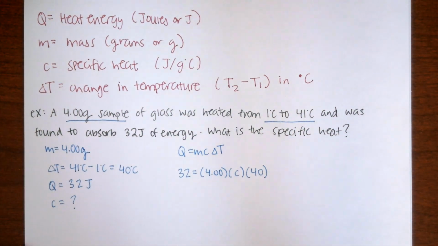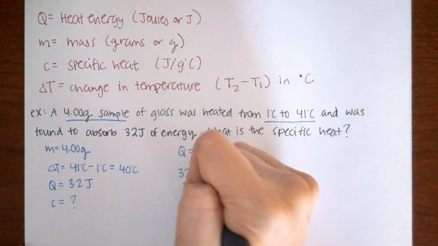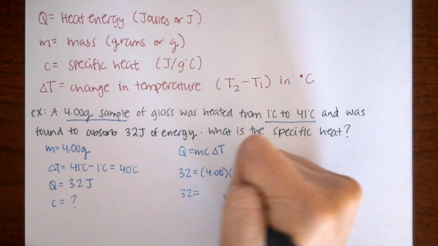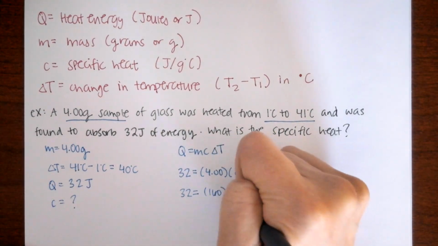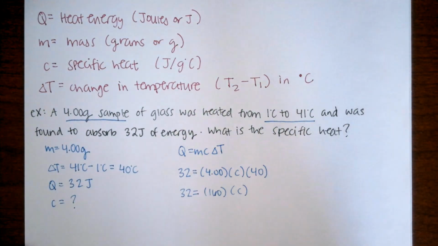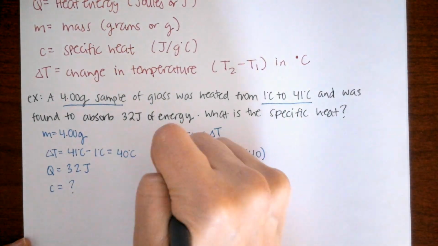To refresh your algebra skills, multiply 4 times 40 to simplify that. So 32 equals 160 times my C value. And then to find C, you just divide by 160 on both sides.